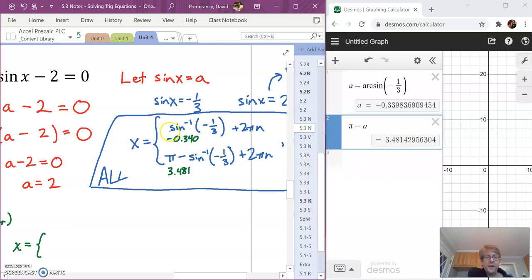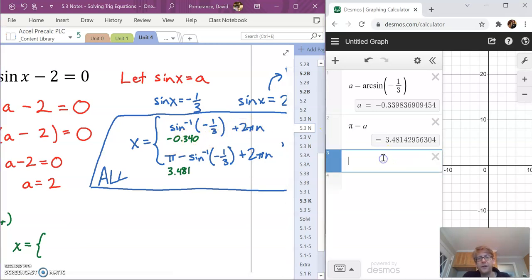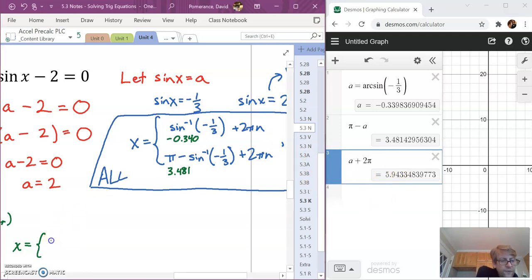Okay, so are either of these answers between 0 and 2 pi? Well, 0 is between positives and negatives, so clearly this is no good. But if we add 2 pi to it, we should get something between 0 and 2 pi. So I'm going to take A plus 2 pi. That's letting n equal 1 here, and that's going to give us 5.943.